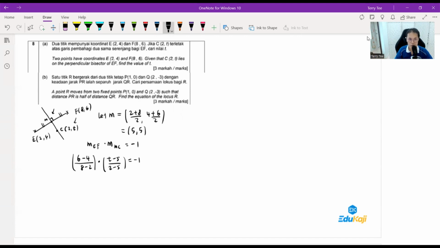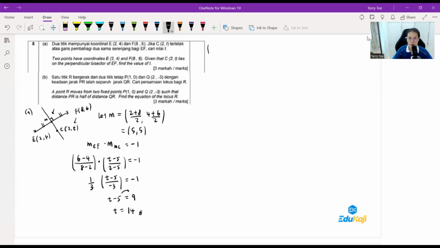The result is -1. So this gradient is 6 minus 4, which is 2, over 6, which is 1 over 3. This is t minus 5 over -3. The result is -1. 3 times 3 is 9. There's a negative, I carry it over here; negative times negative is positive. Just bring the 5 over, t is 9 plus 5, which gives us 14.